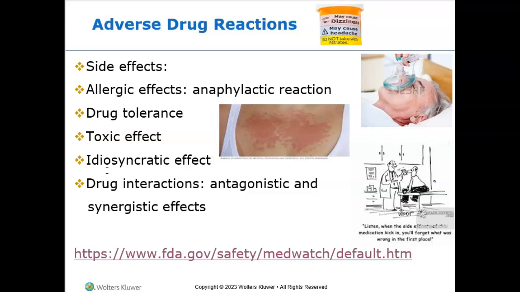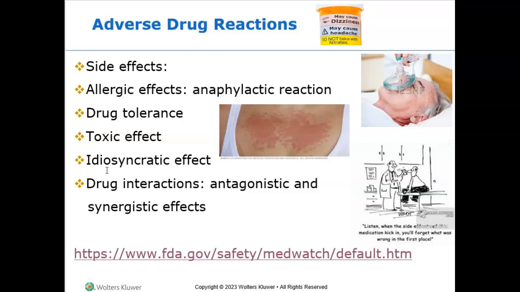Let's see, drug interactions. So this would be antagonistic and synergistic. Just like it sounds, an antagonistic effect is, for example, a lot of times if you take a medication with an antacid, you'll find out as we move through the semester that the antacids can block the absorption of medications.